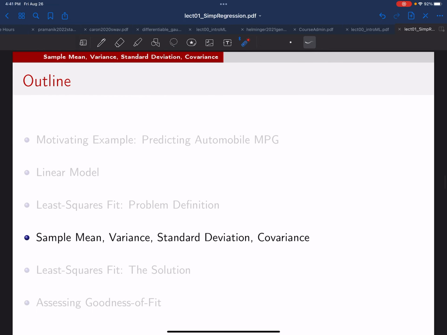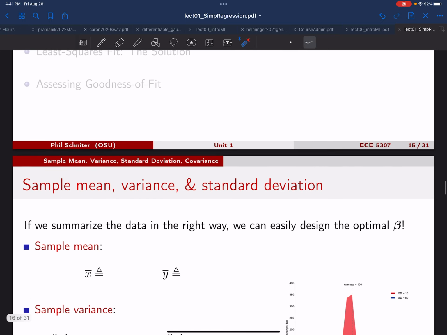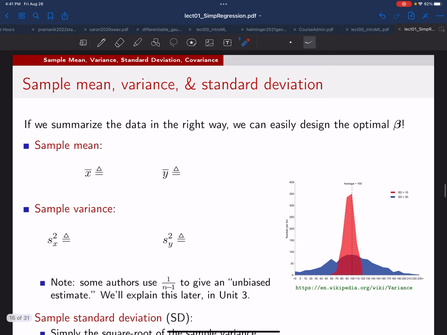Okay, so far we haven't used anything about statistics, but we're going to start talking about statistics now. Does anybody know the definition of a statistic? Okay, a statistic is just a summary of the data. That's all it is.